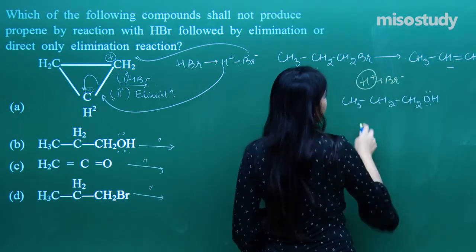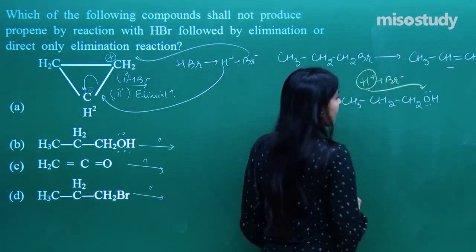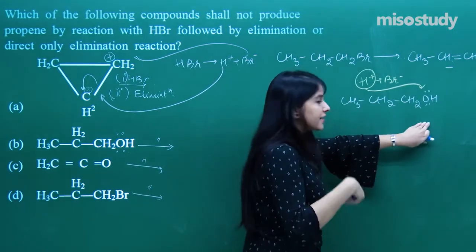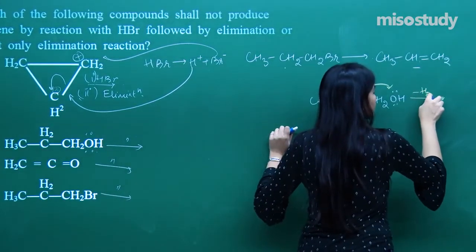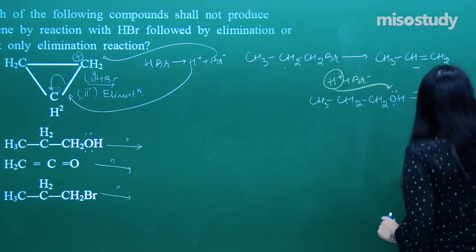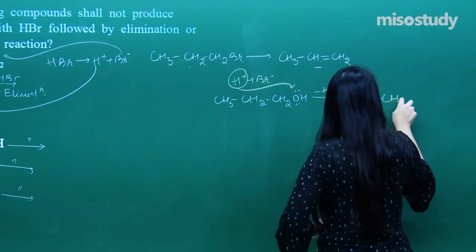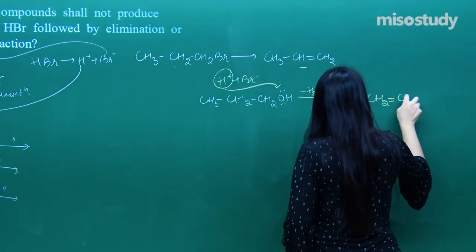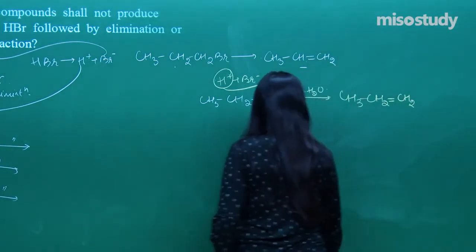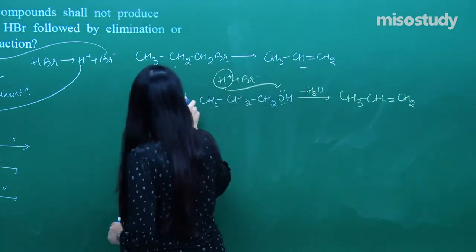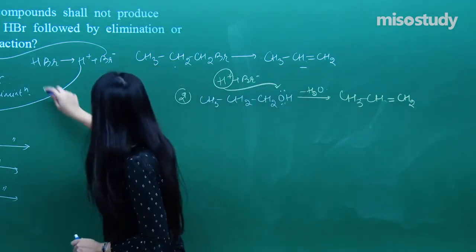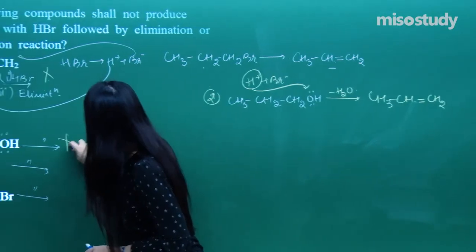That means this will act upon this, and finally after the elimination there will be a loss of water molecule definitely, and again what we are getting is a propene. There is no role of bromine here. That is the second one. So again, this was not an option.